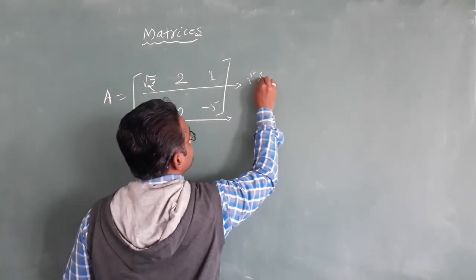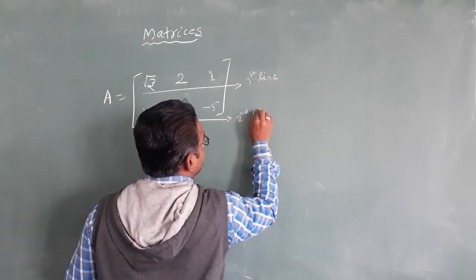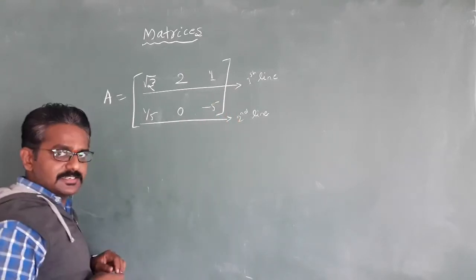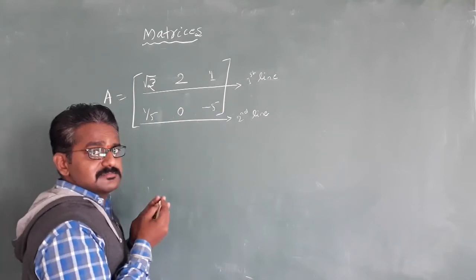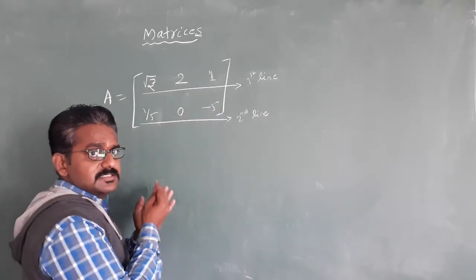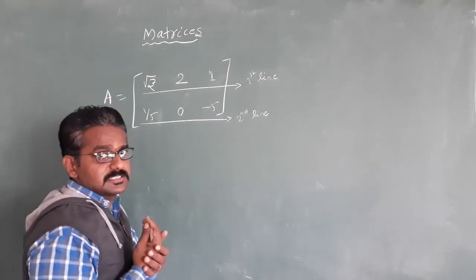First line. This is the second horizontal line. The first and second horizontal lines contain some elements. Those elements are some numbers, either real or complex numbers or any kind of functions also.